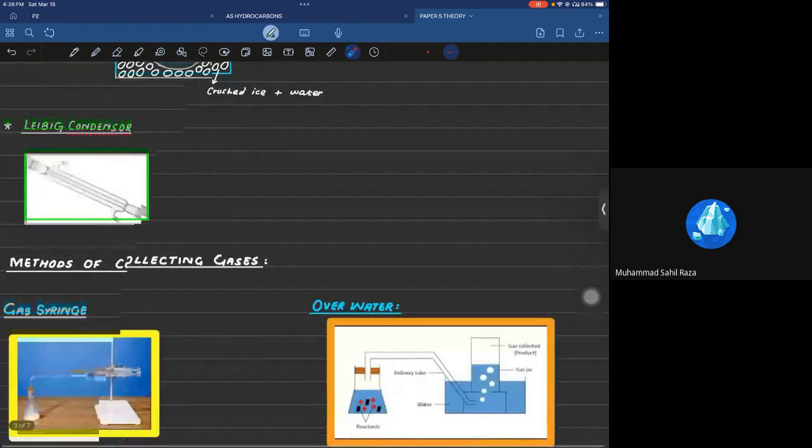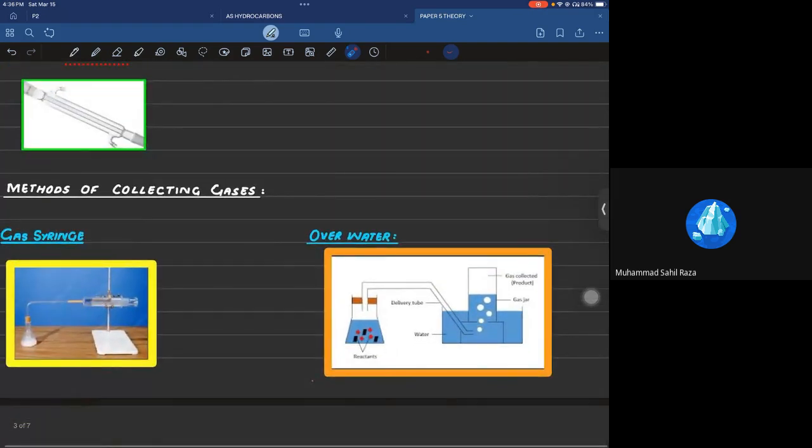Then how can we collect the gas? These are the things that you will meet when you are solving paper 5. Number one, you can collect the gas through a gas syringe. You can also collect the gas over water, but one point to keep in mind is that the gas should not be soluble in water.